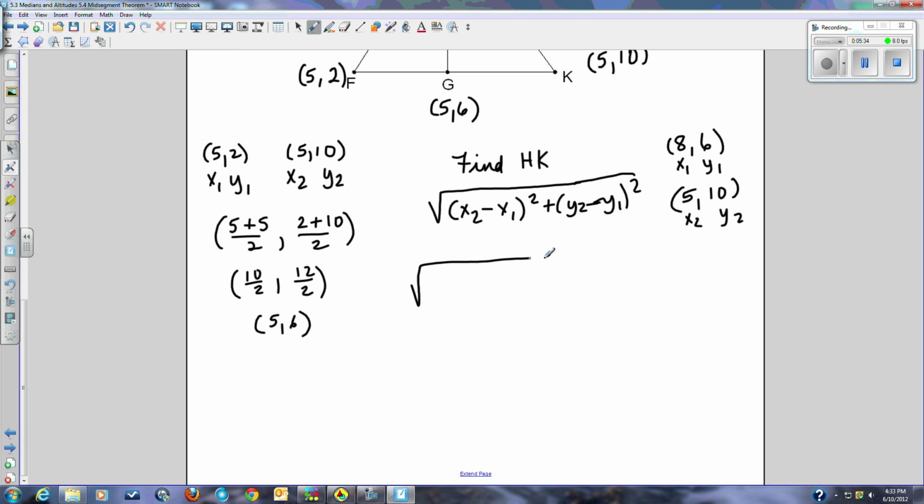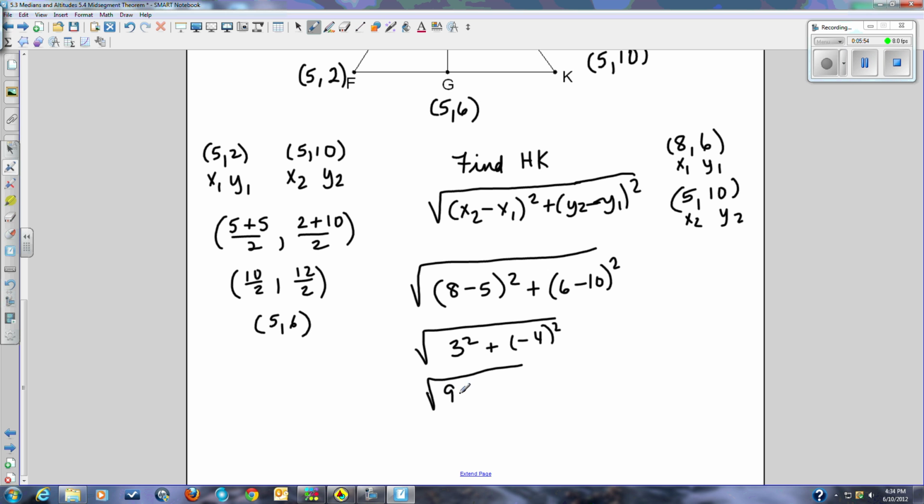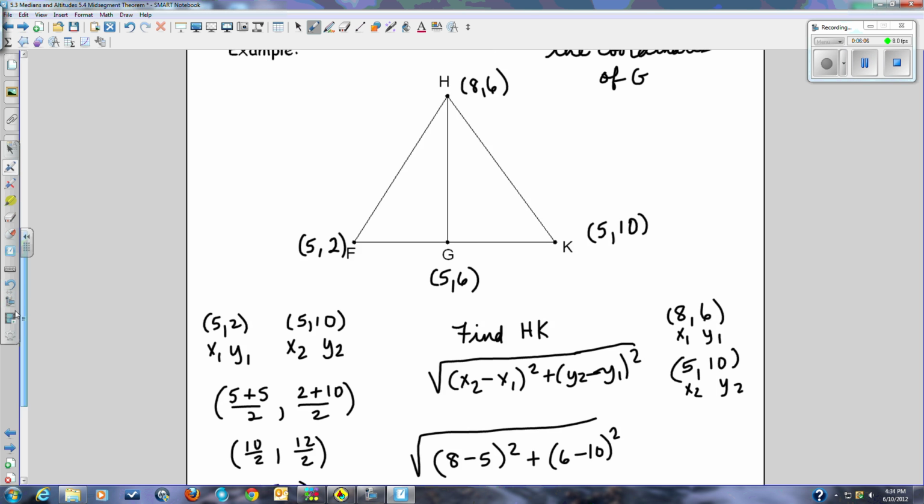So we have 8 minus 5 squared plus 6 minus 10 squared. So we have 3 squared plus negative 4 squared. That gives us the square root of 9 plus 16, so it's the square root of 25, which gives us the length of 5 for segment HK.